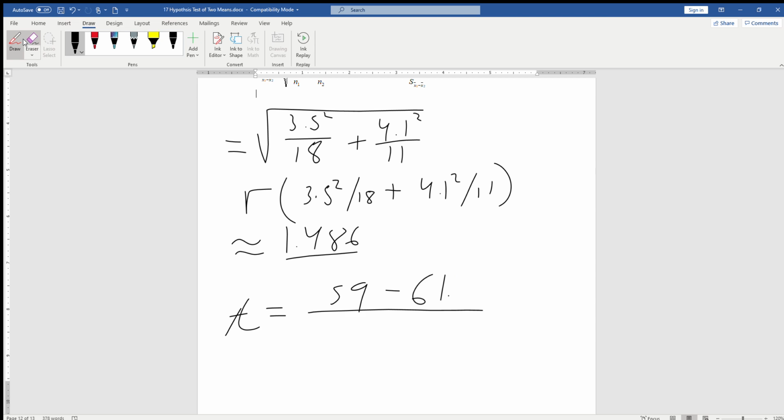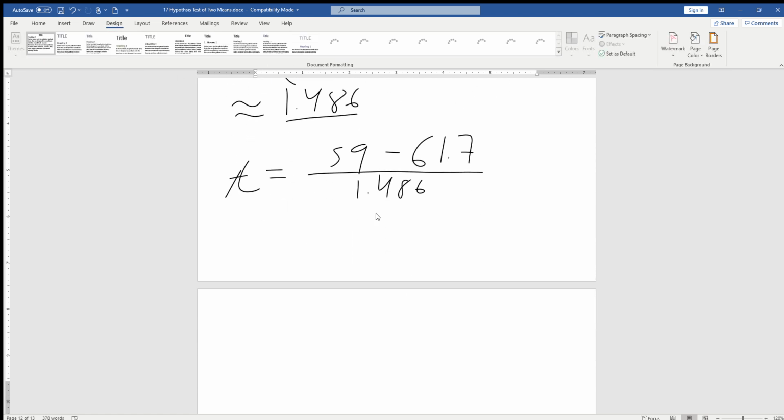And then we're going to divide by 1.486, which was the estimator of the standard deviation that we just got. Just like every test value, make sure you put in parentheses, and I'm going to compute this. And I end up with negative 1.817.